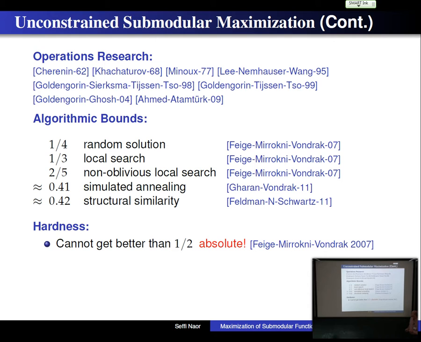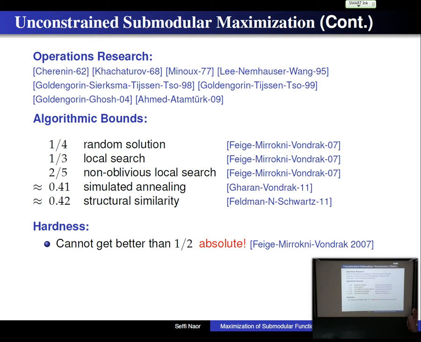In terms of hardness, the first group, Feige, Mirrokni, and Vondrak, also showed an information theoretic upper bound of 1/2. So half is the best that we can achieve if the number of queries to the black box is polynomial. If we want to go beyond 1/2, we need an exponential number of queries.